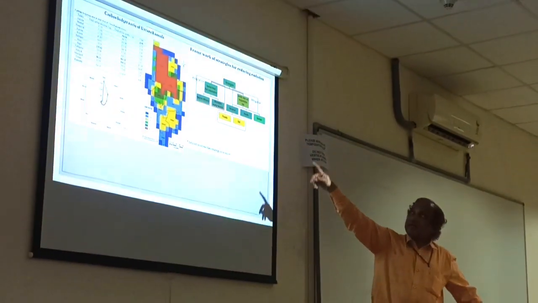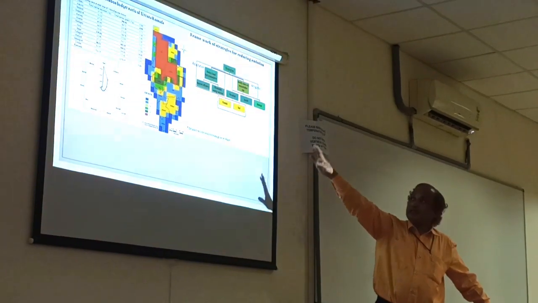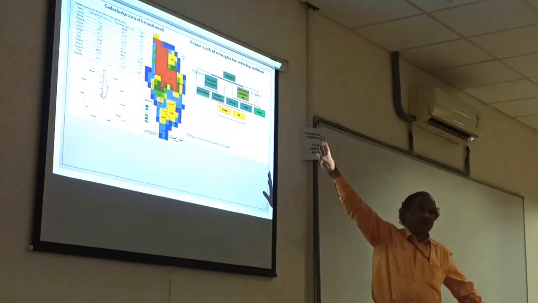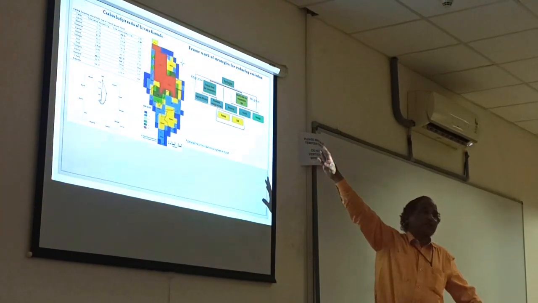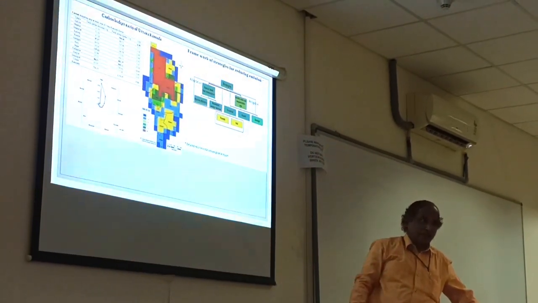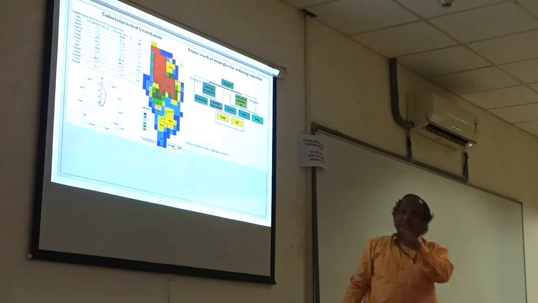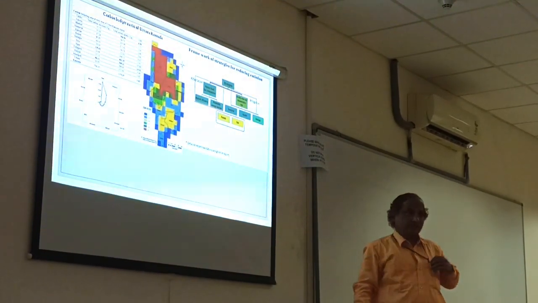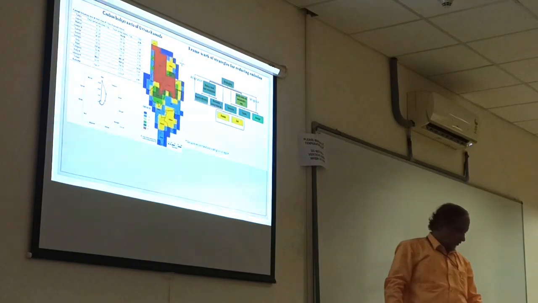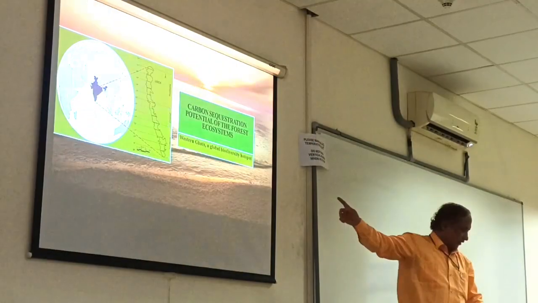Then we calculated the carbon budget ratio, that is the ratio of the carbon to the emission. Then you will see where all the carbon sequestration is happening. Then that has gone for the policy.